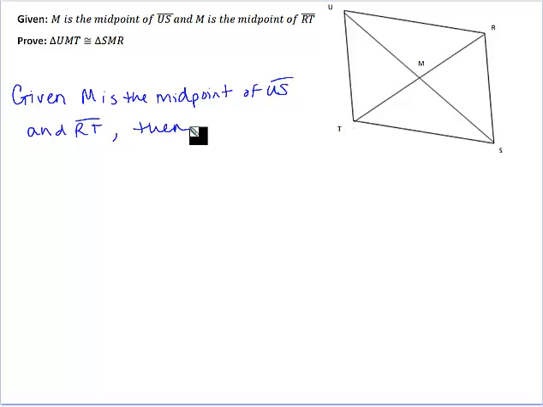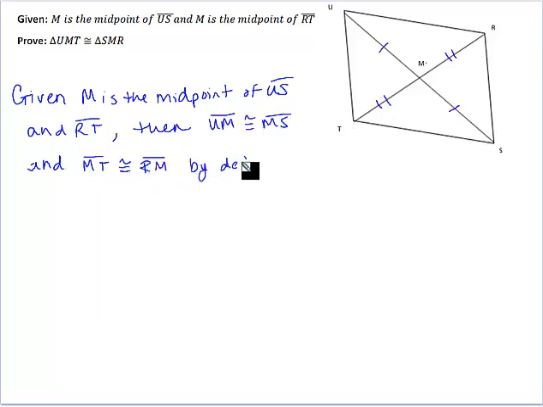If M is the midpoint of US, that means UM and MS have to be equal. If M is the midpoint of RT, that means MT and RM have to be equal. So we can say, given M is the midpoint of US and RT, then UM should be congruent to MS, and MT should be congruent to RM by the definition of midpoint.